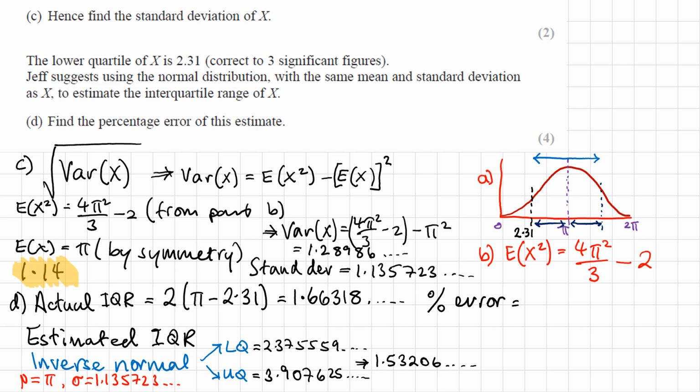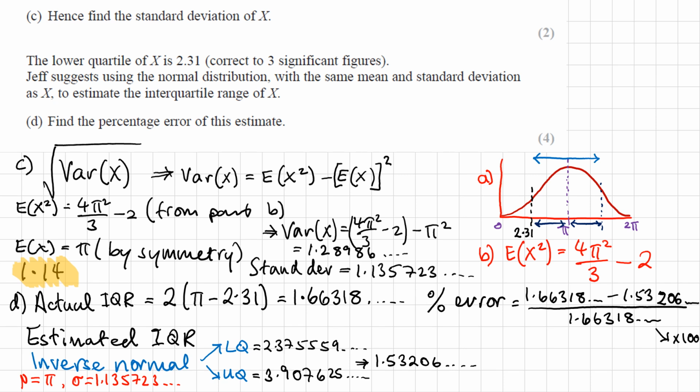Now I can work out the percentage error. So that's going to be the difference between my two amounts. So that's going to be 1.66318 minus 1.53206 divided by the actual interquartile range, and that's the 1.66318 number. And then all of this I need to times by 100 to change it to a percentage.